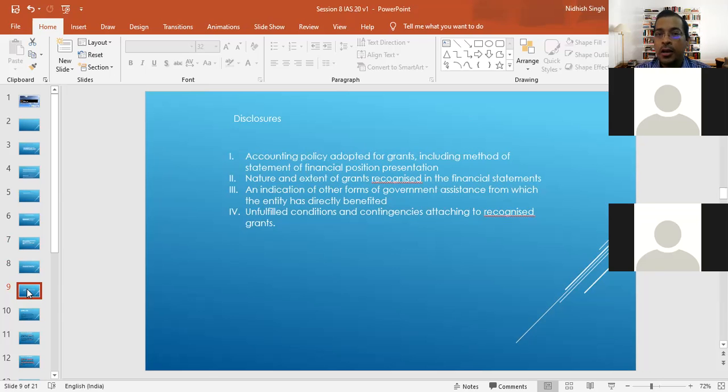You need to recognize both the income and the expense for better clarity of the users. Because if the electricity bill or water bill is waived, all of this can be quantified and should be reflected in the income statement.